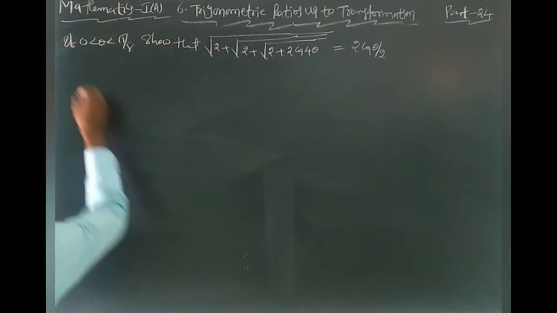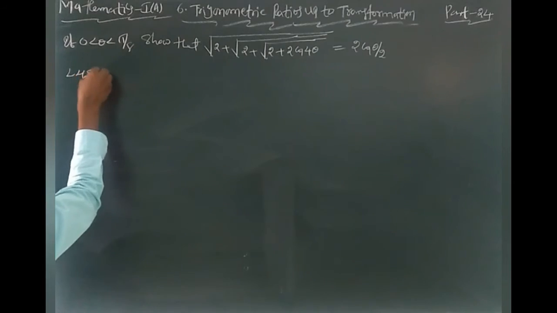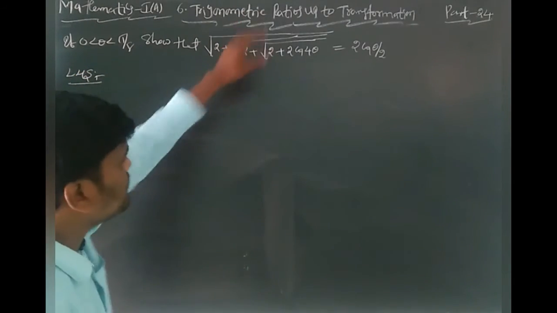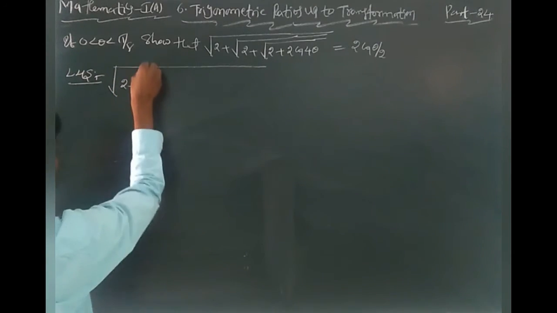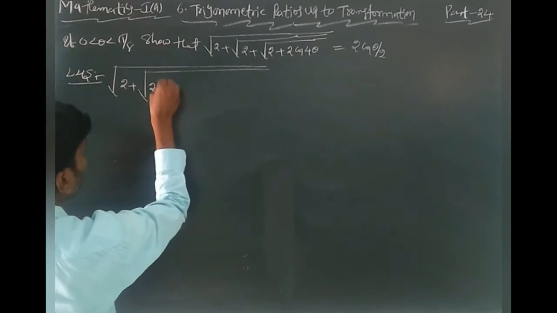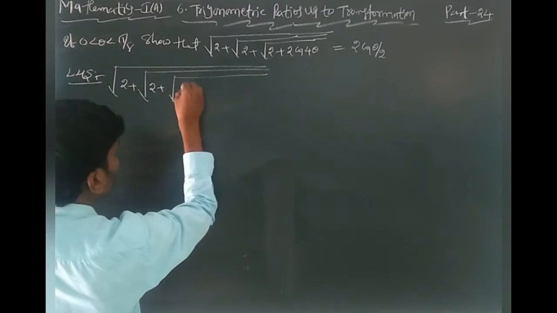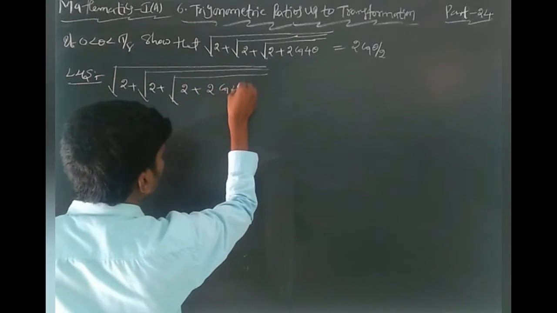First we have to take the LHS part. What is that LHS part? The square root of 2 plus the square root of 2 plus the square root of 2 plus 2 cos 4 theta.